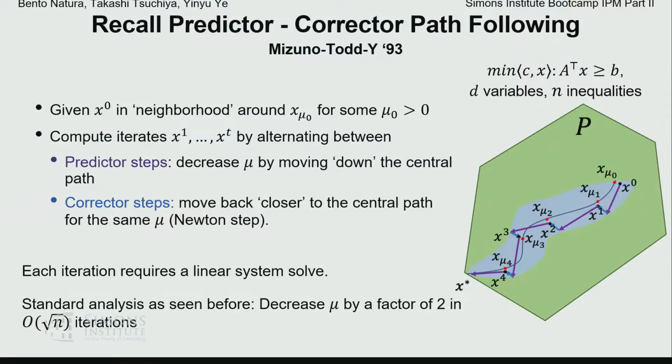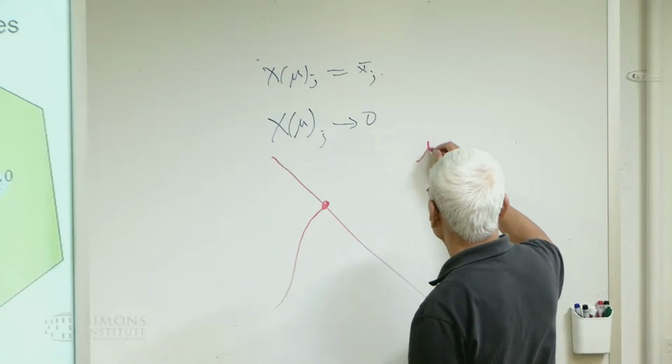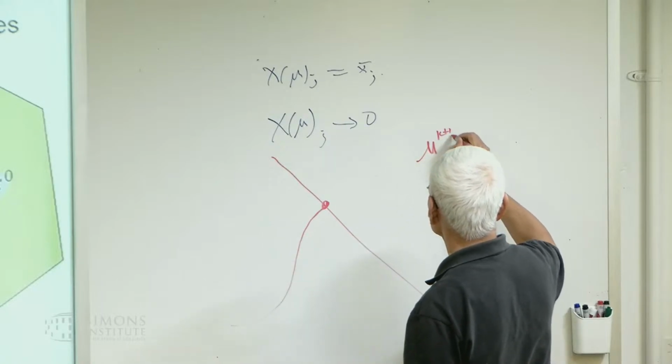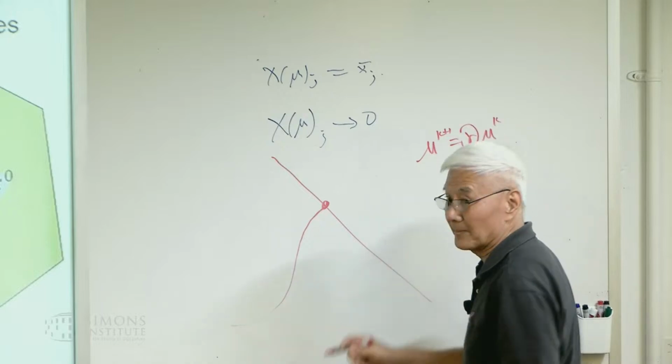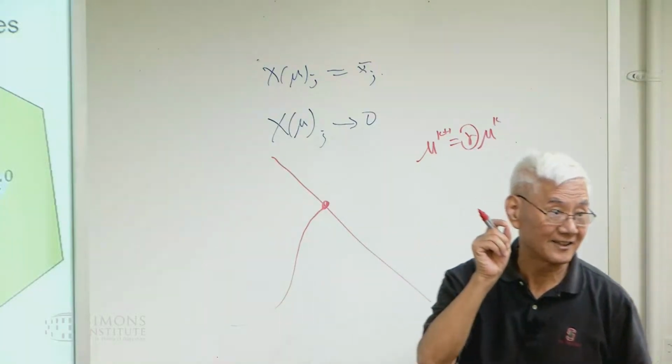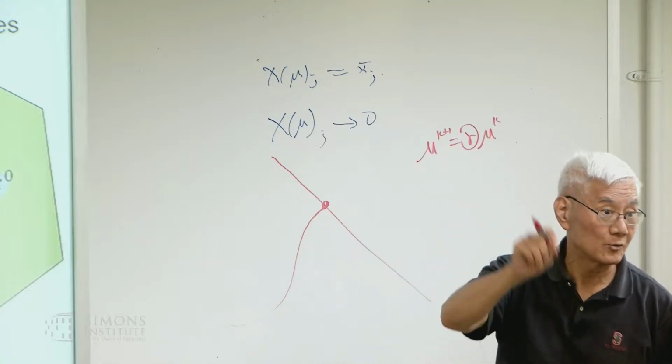When I said the central path converges to some point, very far away, mu k plus 1 equals gamma times mu k, where gamma is a fixed constant. We call it geometrically decreasing mu k.